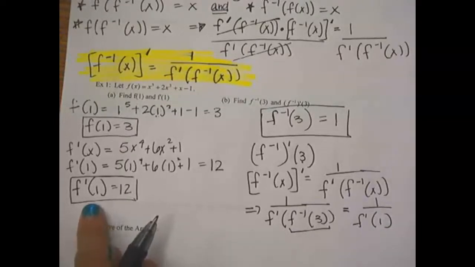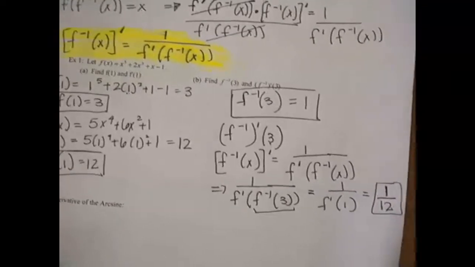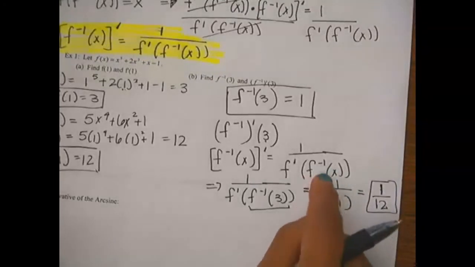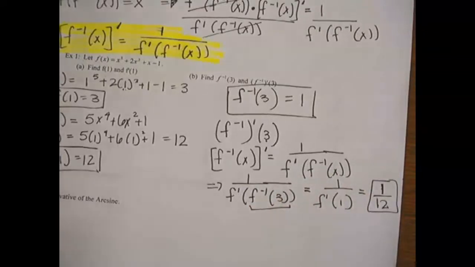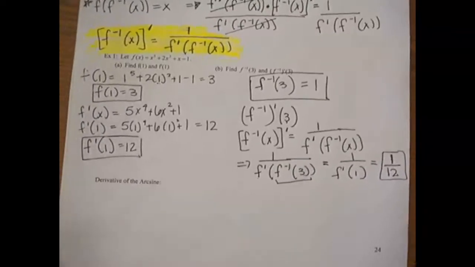So the derivative of f at 1 is 12. So this whole thing comes out to be 1 over 12. But you do need to be cautious of taking each inner component and then spreading it out to the outer component. Okay? Let me zoom in a little bit.